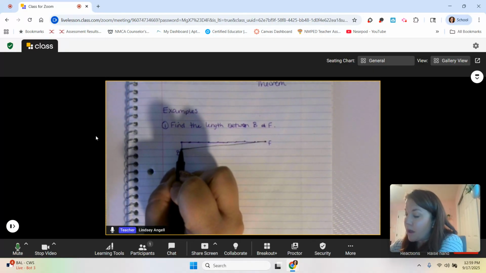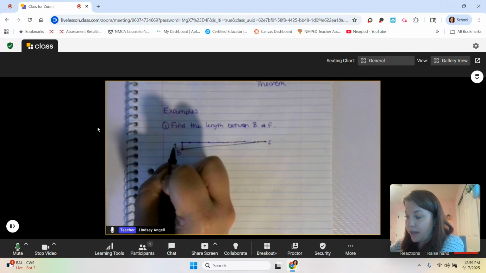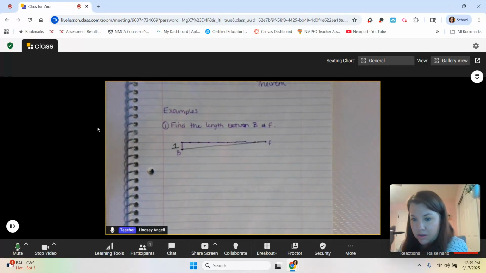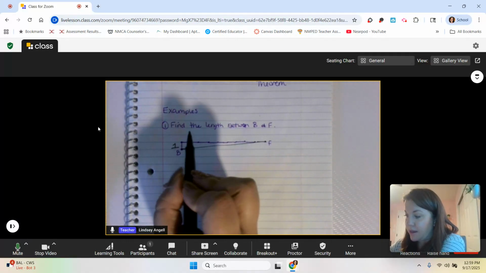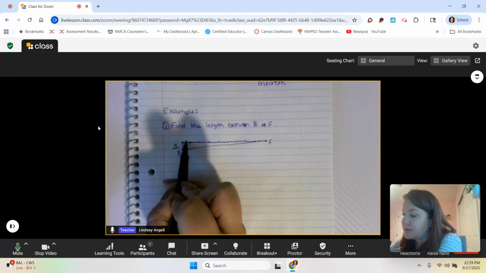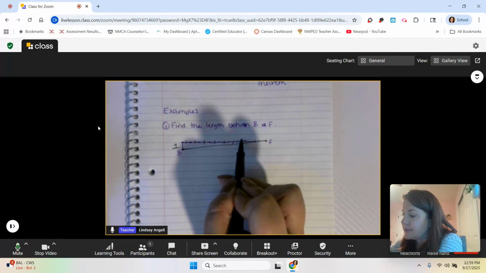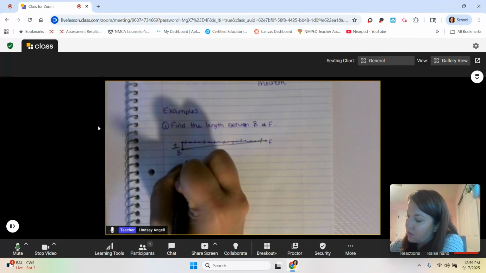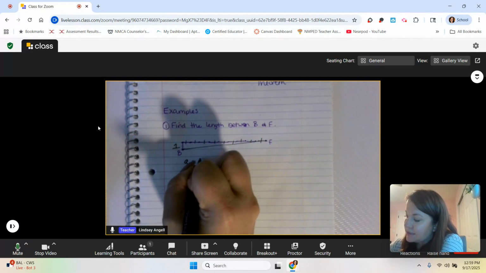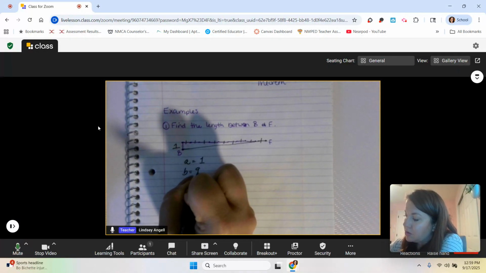I know that one of my legs is equal to 1, because it was just one little section on the map. And then the other one, there's 1, 2, 3, 4, 5, 6, 7, 8, 9 sections. So one of my legs is equal to 1, one of my legs is equal to 9.